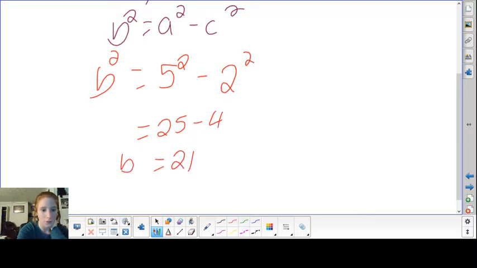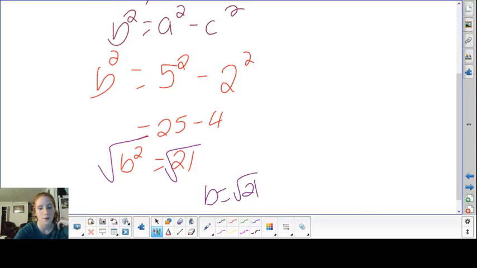So b squared is equal to 21. If I simplify this, b is equal to the square root of 21. In our equation we use it squared, but when we are asked to plot the points, we want to know that it's the square root of 21.